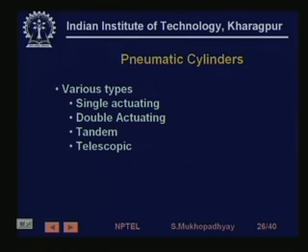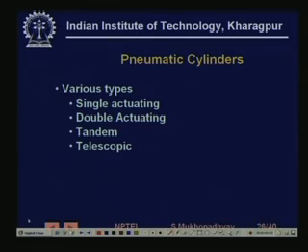Similarly, sometimes if you want to have higher force, then you cannot increase the cylinder area, either because of size requirements or because of speed requirements. If you increase the cylinder area, it takes more time for the air to flow. So, sometimes you put two cylinders in tandem like this with a common rod.